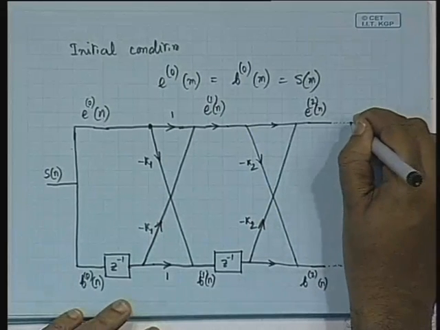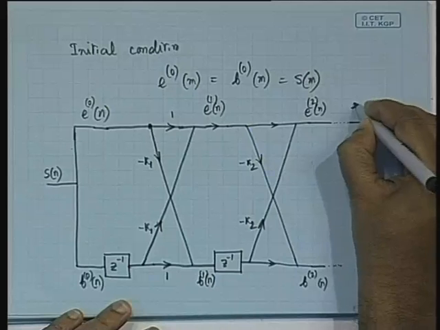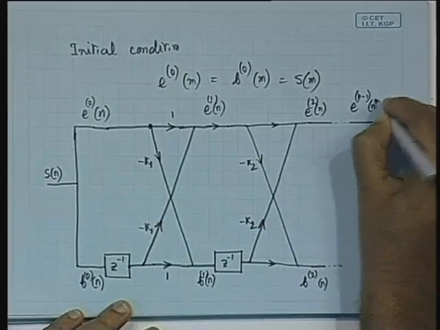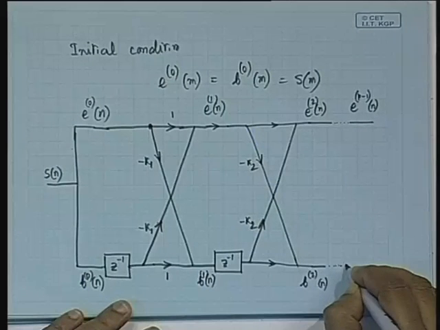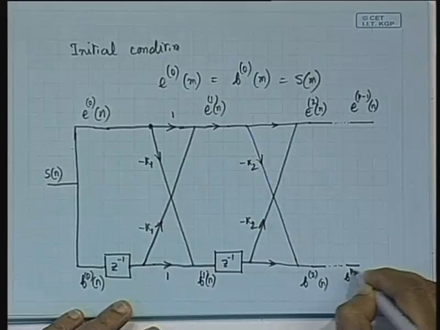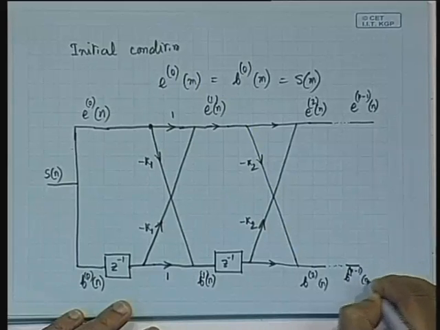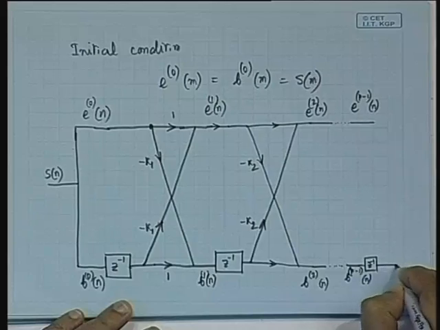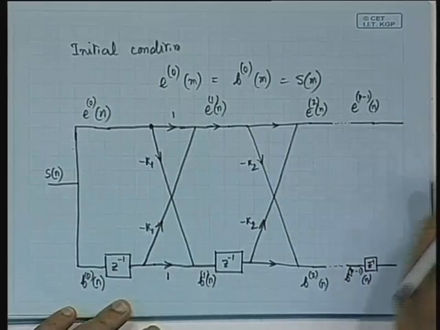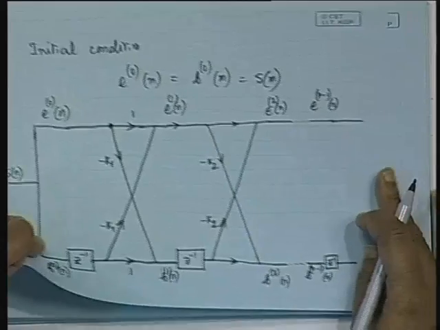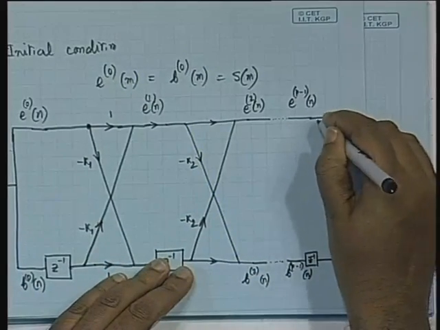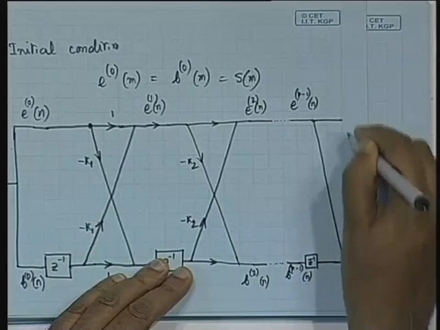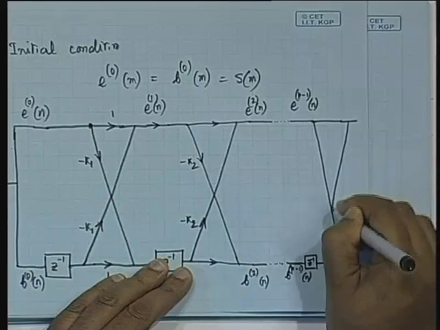And the last realization in the lattice will be E of p minus 1 n, and here we will be having B of p minus 1 n, and then there will be a z to the power minus 1. I mean, the diagram should not appear clumsy to you, so let me try to draw it in a clear manner.